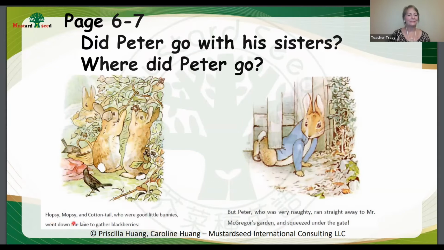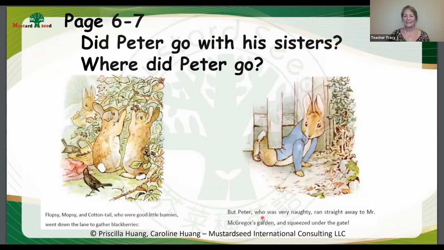Flopsy, Mopsy, and Cottontail, who were good little bunnies, went down the lane to gather blackberries.